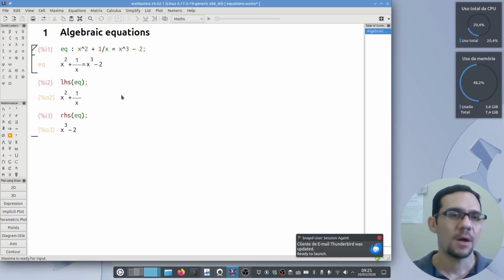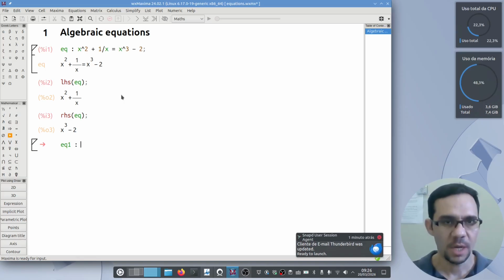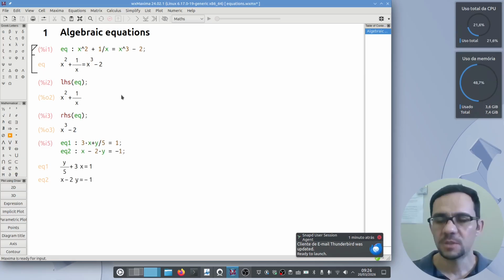We can also solve equations, so let me show you a system of two linear equations. The first equation is defined like this. The second equation is this. To solve this system, we can make this.